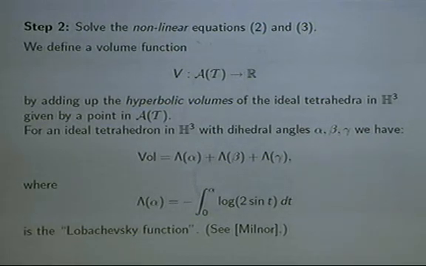So to start off, what we're going to do is define a volume function. If we start with an angle structure, an angle structure gives you a shape for each of the ideal tetrahedra in our triangulation. And the idea is to add up the hyperbolic volumes of all these ideal tetrahedra.